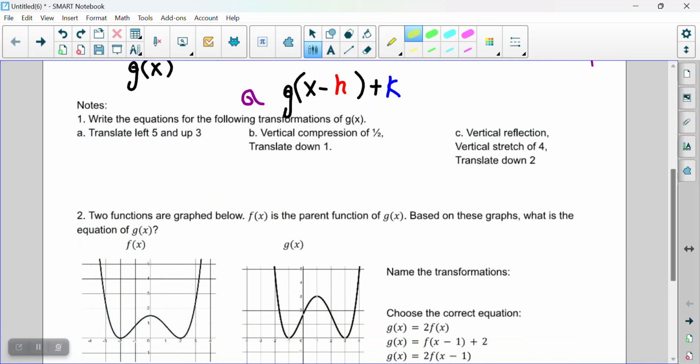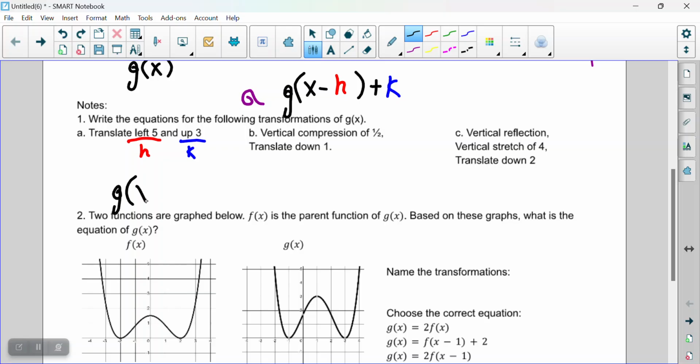Okay. Our question has a left 5, that's your h, and it has an up 3, that's your k. So I don't have an a, just translating.